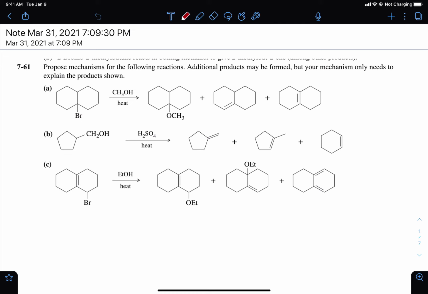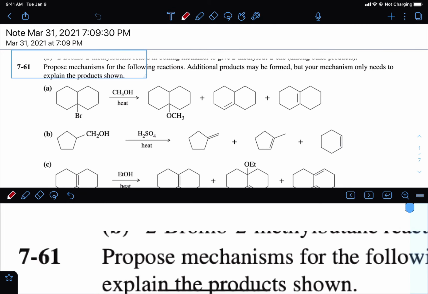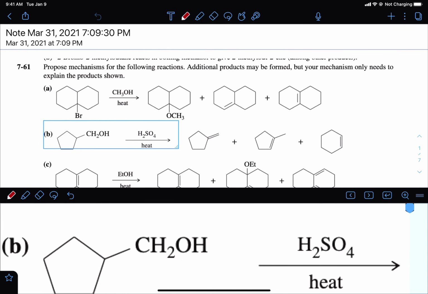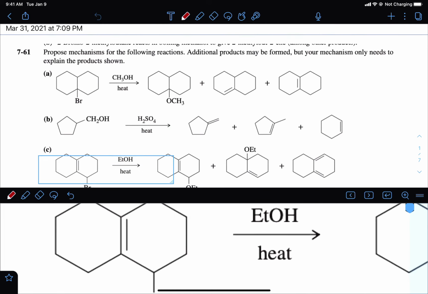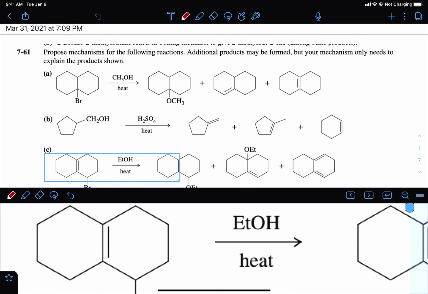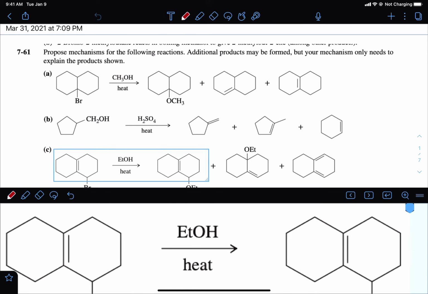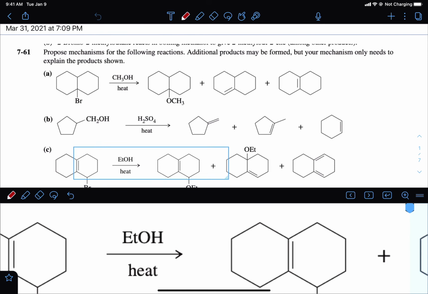Okay, so they actually do give us the 3 products for C. This is a little bit different from what we saw, where we used an alcohol and we also added acid. Okay.